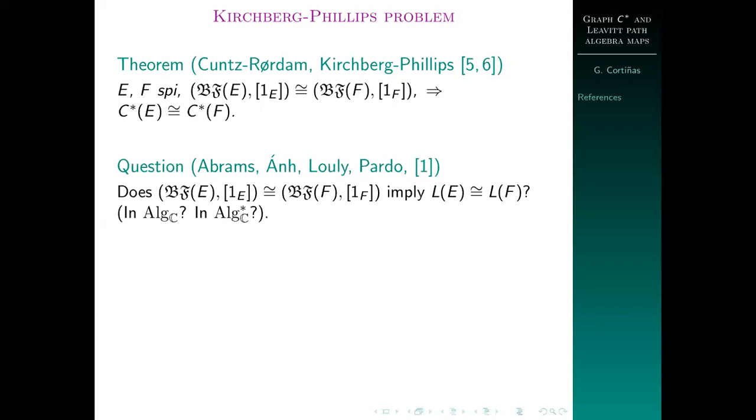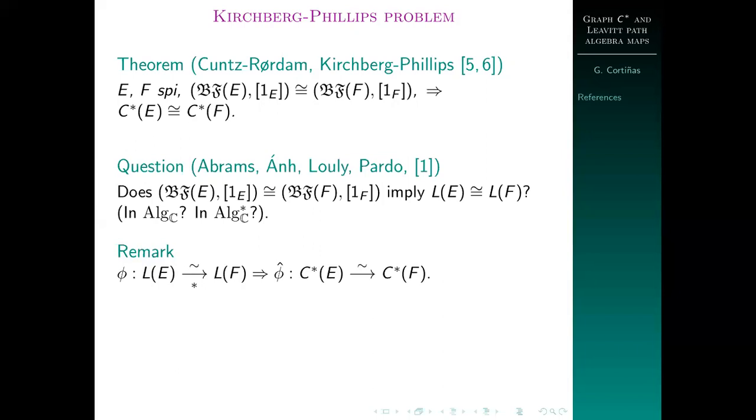So whether they are isomorphic in the category of algebras and algebra homomorphisms, or in the subcategory of star algebras and involution preserving homomorphisms. An important difference is that if you have a star isomorphism of Leavitt path algebras, then it automatically passes to the completion and induces an isomorphism of the corresponding C-star algebras.